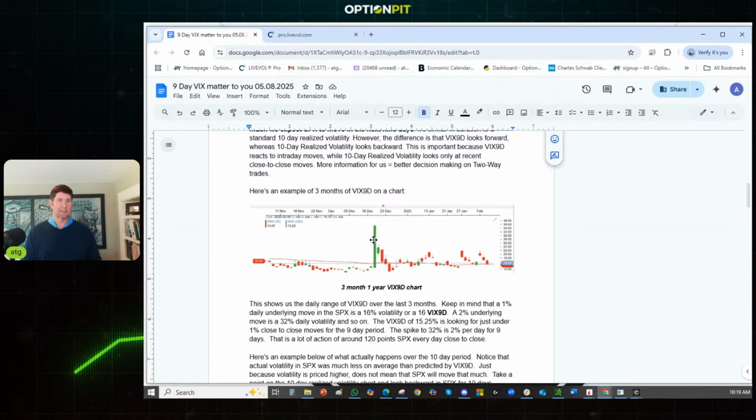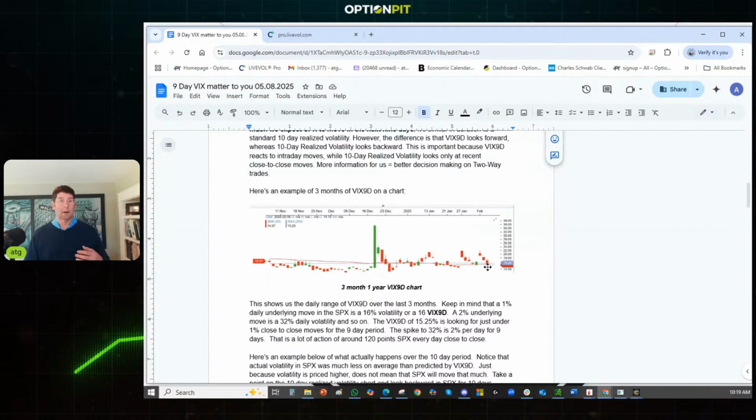But what it's giving you an idea of is that market correlation between 9-day VIX and SPY is very strong, meaning if 9-day VIX explodes, SPY generally is going down. If 9-day VIX starts to relax somewhat, like you see all these little slow melts down, generally very bullish for SPY, right? Those are longer trends that tend to work very well.